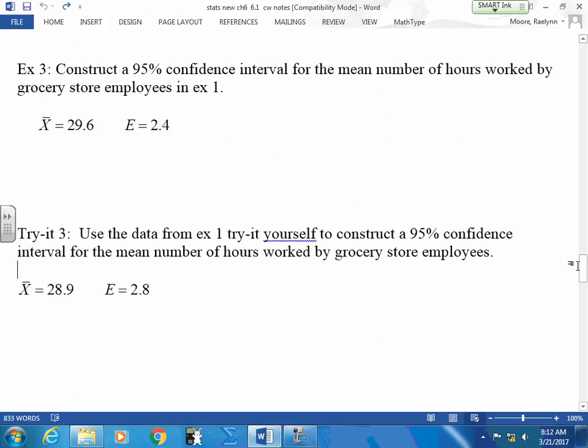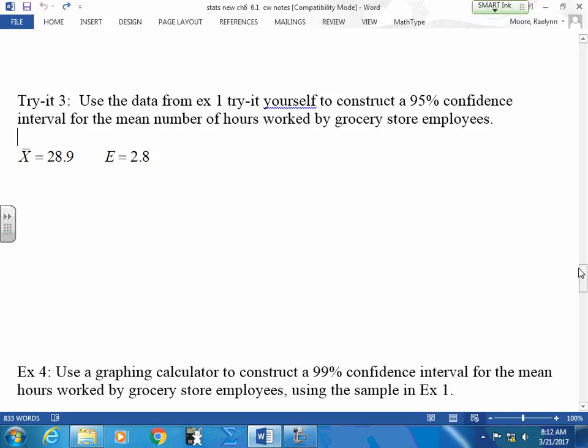All right. So we did this part there. So we're going to work on this part. Triad 3 uses the example from Triad 1. And on Triad 1, on page 298, they gave us a sample of workers that had 30 employees.